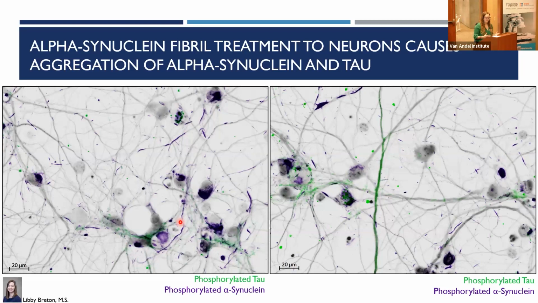But this leads us to ask the question of, how does this happen? Because we know it happens now, with this data and this evidence here, and so many publications that have now done this as well, we know that this alpha-synuclein aggregation we see in Parkinson's disease might be causing tau to aggregate. Could you repeat that, please?